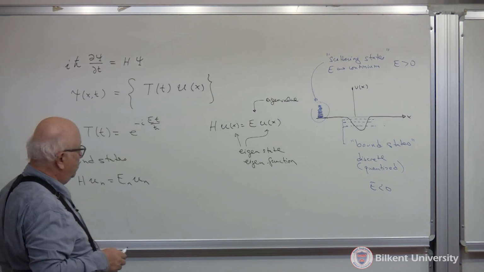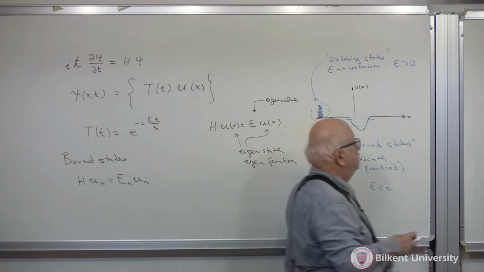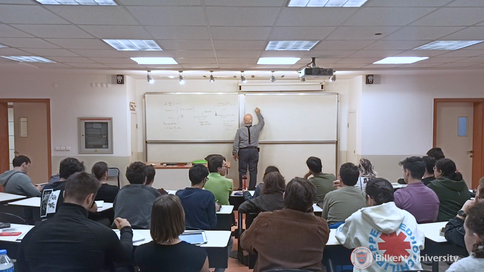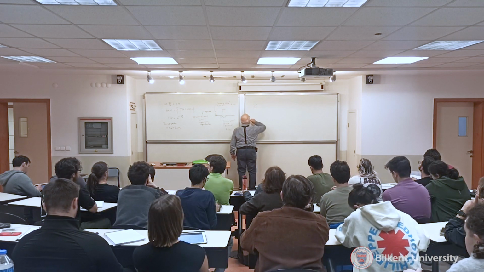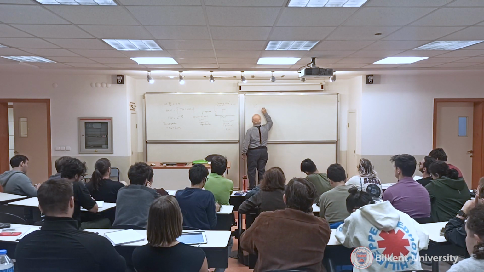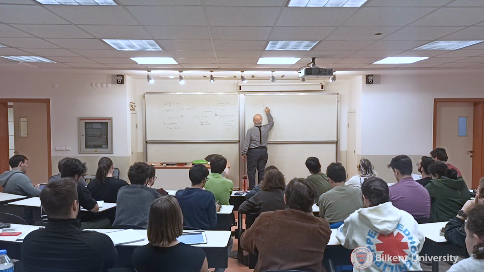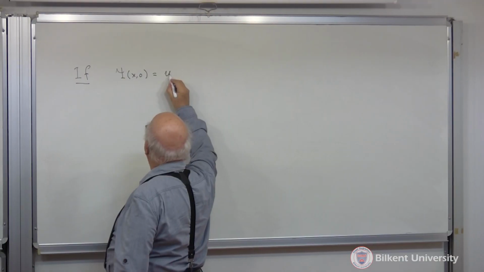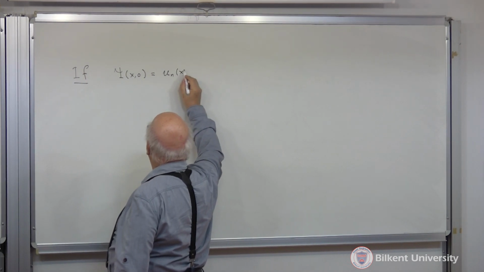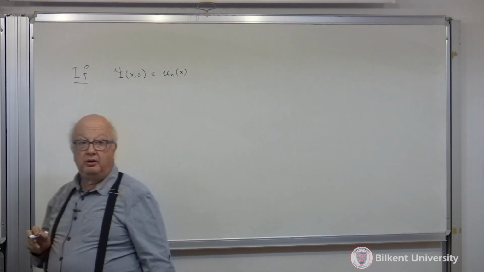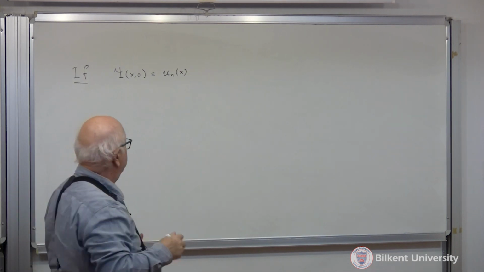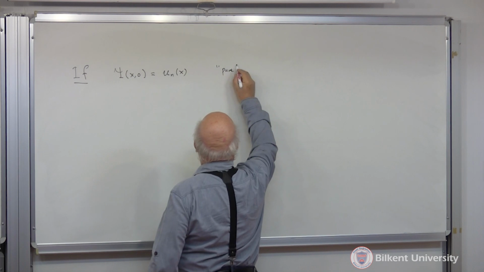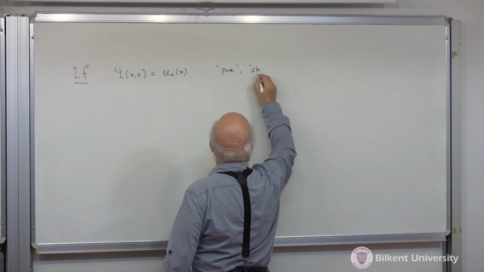And we looked at the special case. So let me say if my ψ at any time, say time equal to 0, is equal to just one of these functions. Okay? So this is called a pure state or stationary state.